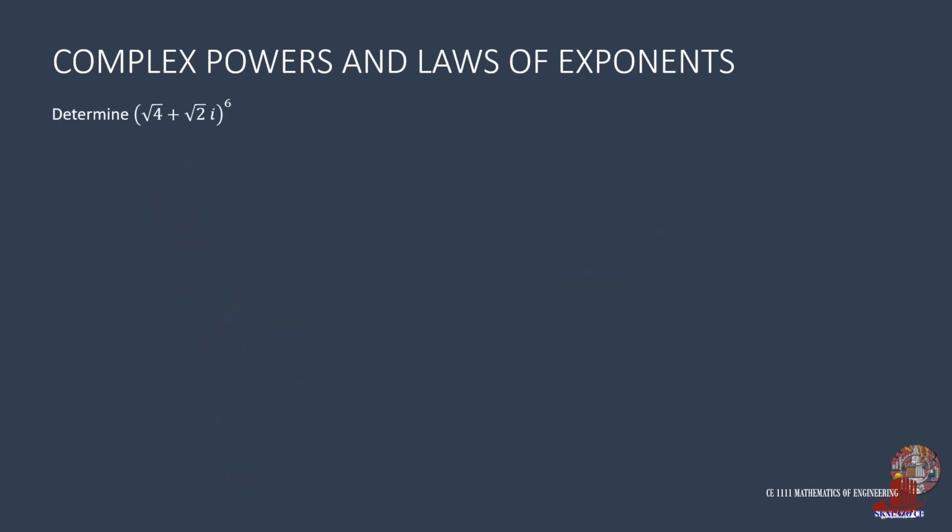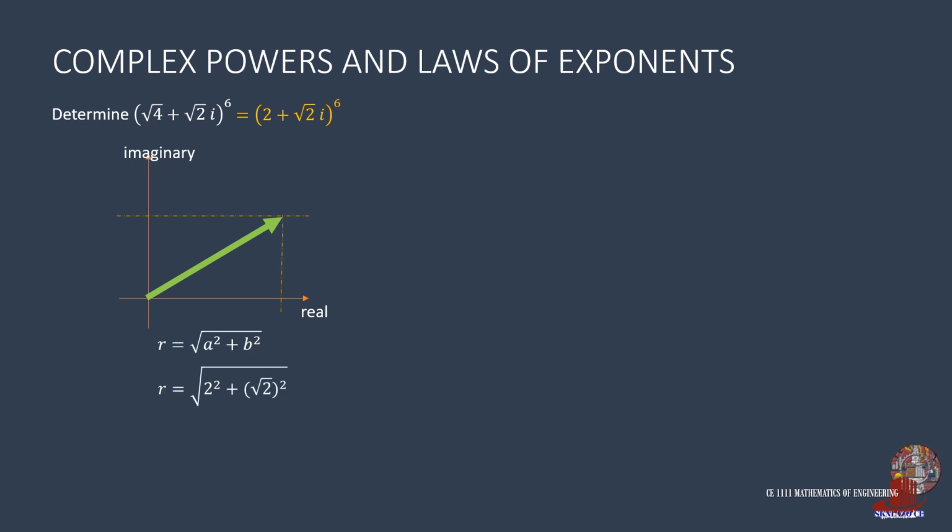Next is to determine the sixth power of the root of 4 plus the root of 2 times i. This can be written as 2 plus root of 2 times i raised to 6. Illustrating positive 2 and positive root 2i, the vector turns out to be located in the first quadrant. The modulus is taken as root of 2 squared plus the square of root of 2, which makes root of 6.